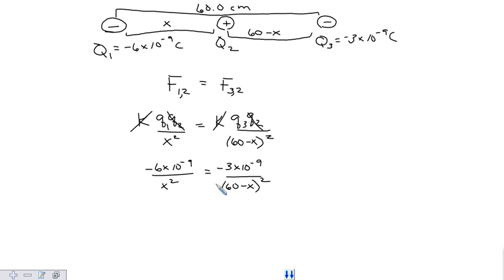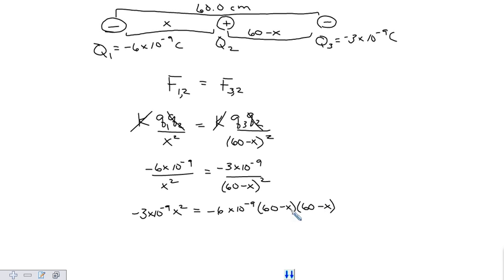I'm going to cross multiply. And when I cross multiply, I'll get negative 3 times 10 to the negative 9th x squared. I will get negative 6 times 10 to the negative 9th times (60 minus x) times (60 minus x).